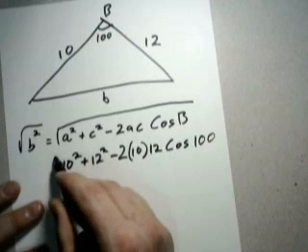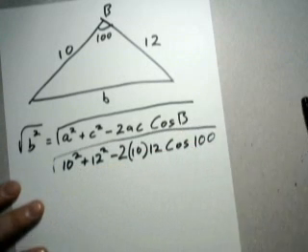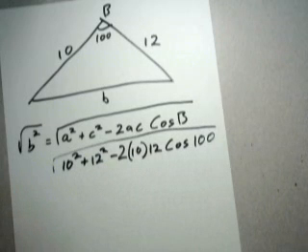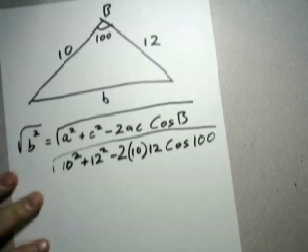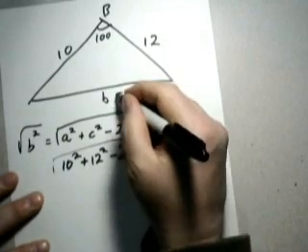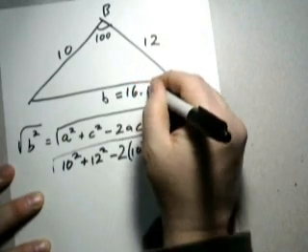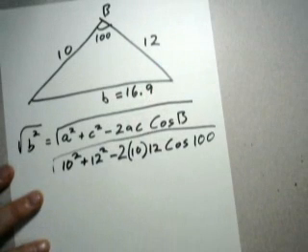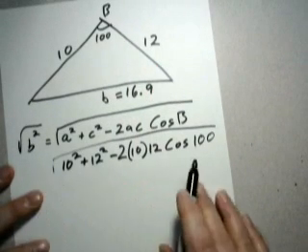And of course we take the square root of all of that. So I can just do this right out in my calculator. The square root of 100 plus 144 minus 2 times 10 times 12 times cosine 100. Ding, 16.9. So side B is 16.9. So you can just put that right in your calculator just like that.